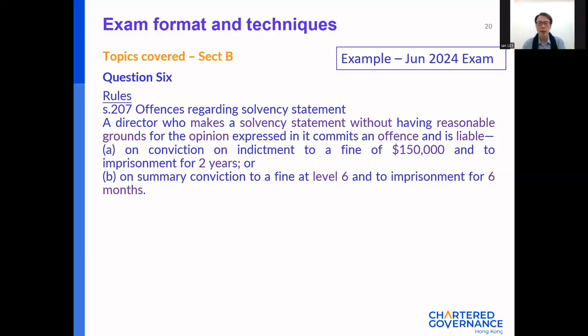So you can see it's quite serious. Obviously, because you want to make sure the directors are very careful, that's why they need to inquire into the company's financial status, into the prospects, and consider all the liabilities before they form the opinion to make such a statement.